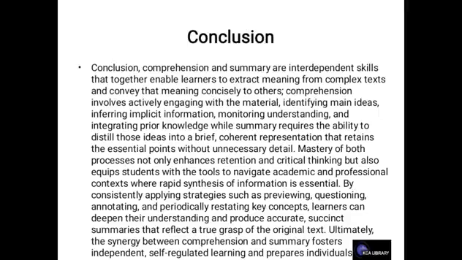On the other hand, summary requires the ability to distill those ideas into brief, coherent representations that retain the essential points without unnecessary details. Mastering both processes not only enhances retention and critical thinking, but also equips students with the tools to navigate academic and professional contexts where rapid synthesis of information is essential.